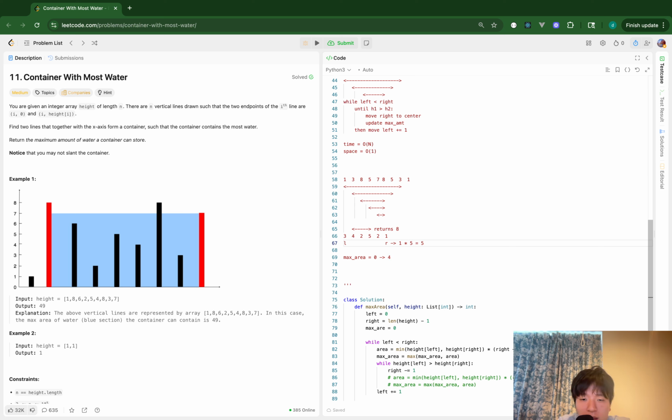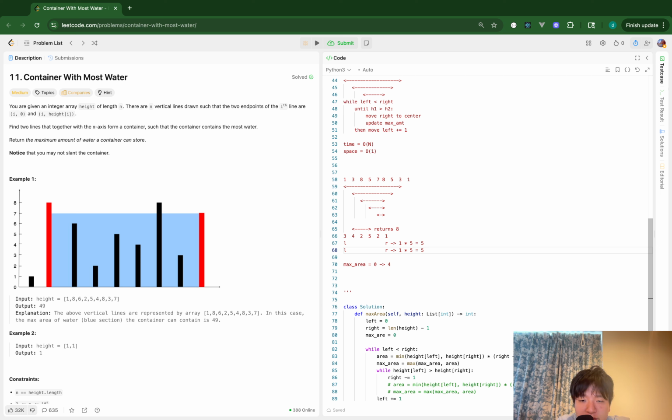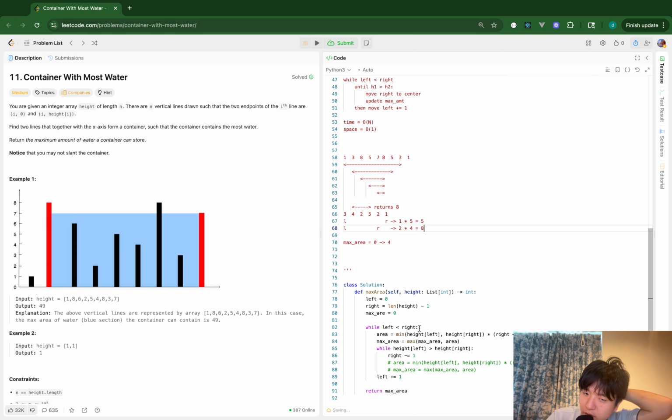The next, I would think which should be moved because the right bar is shorter. I move this. And now I will calculate. So now this should be 2 times 4 is 8. Oh, so the thing is, when I'm doing the inner iteration, this can update the maximum area. So I need these two lines. Okay.